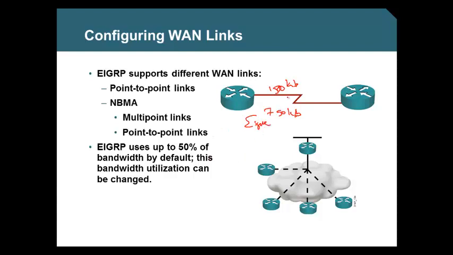See, this is the link's bandwidth. But what if the ISP has granted us only 56 kbps? The link is capable of carrying this much, but the subscribed bandwidth is only 56K. EIGRP says I want this much, but you got only this much.